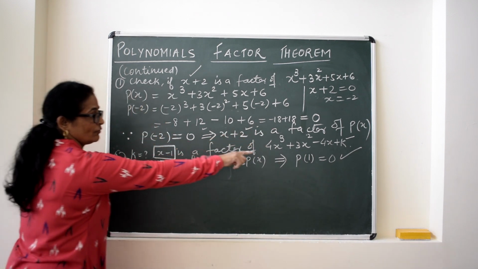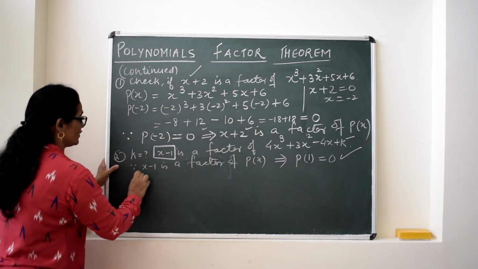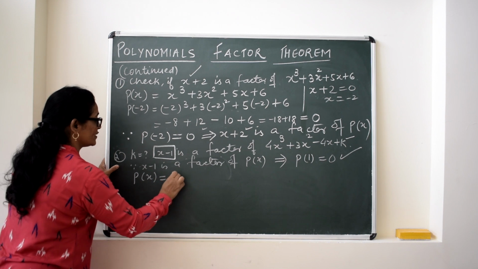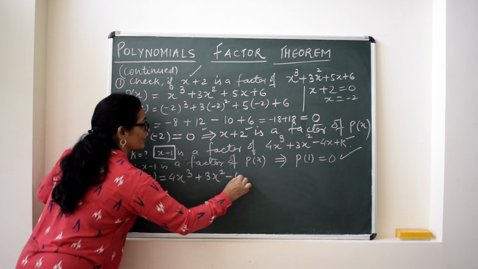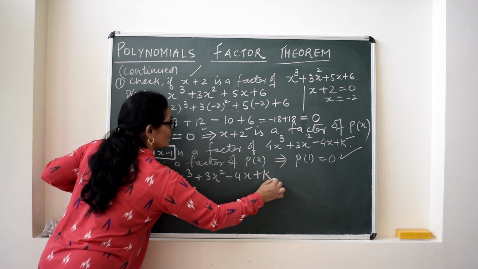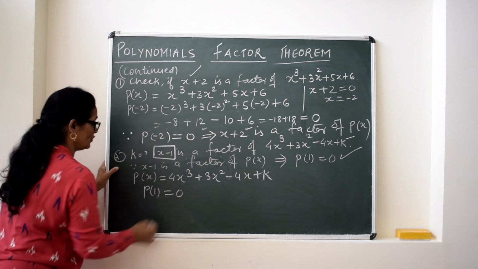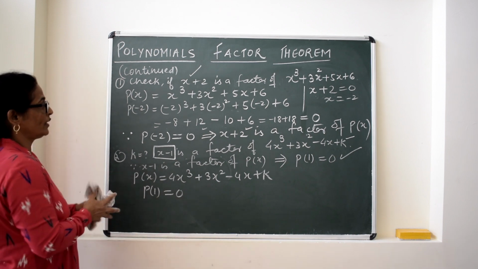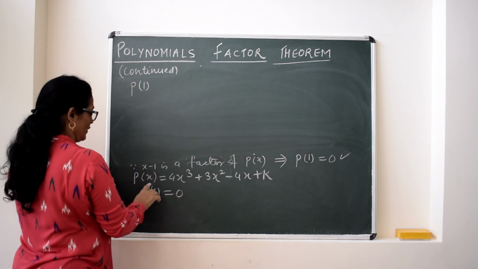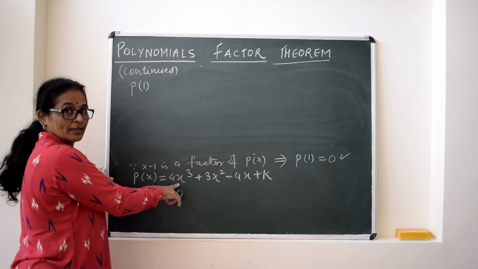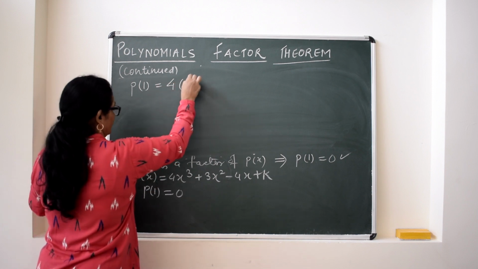So in place of x, what will we take? 1. So first we will write p of x, which is given. Then what will we apply? P of 1 is equal to 0. Okay. Now for p of 1, we will substitute the value of x as 1.